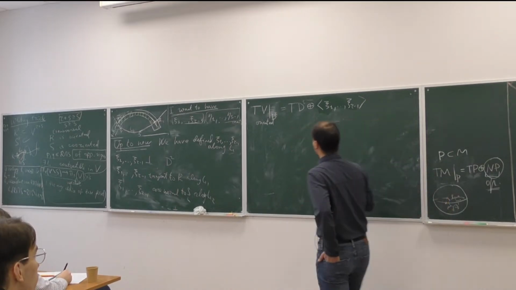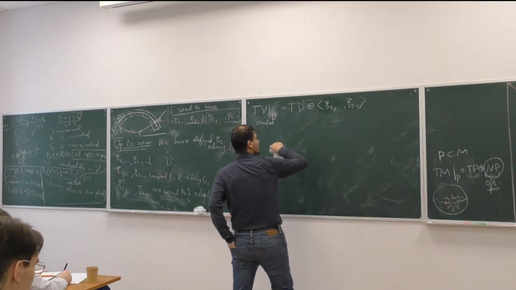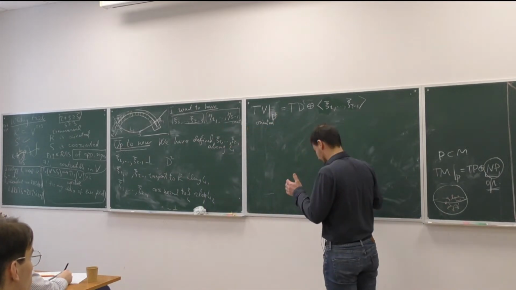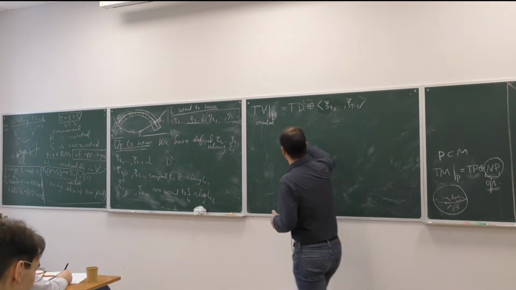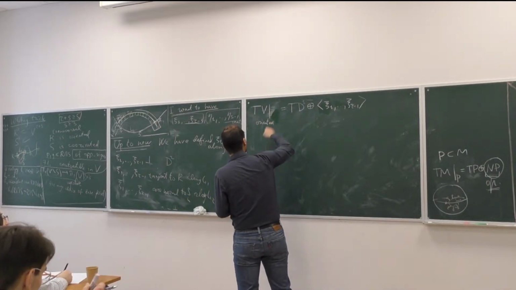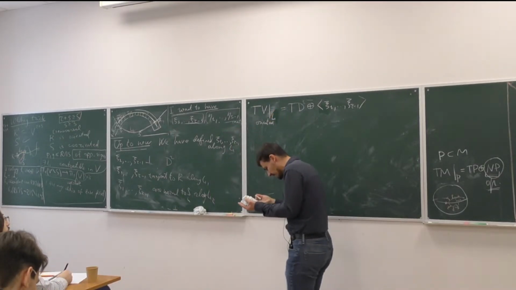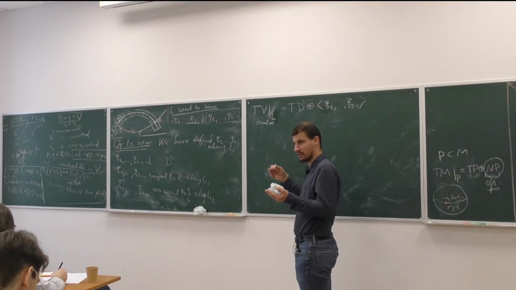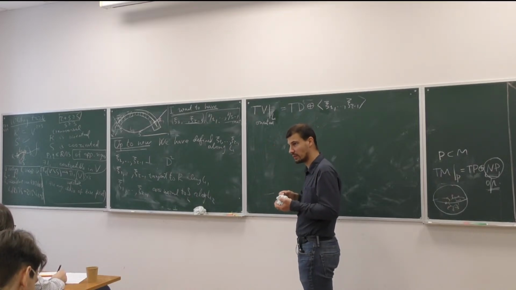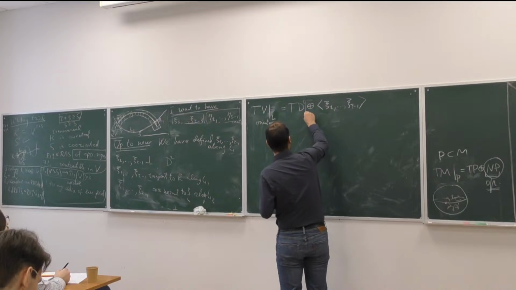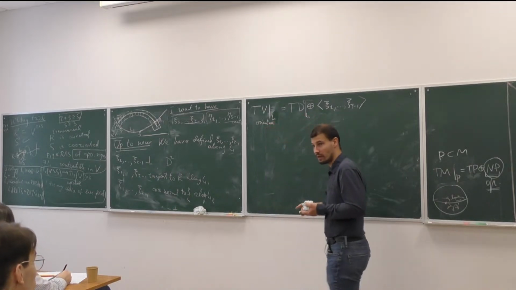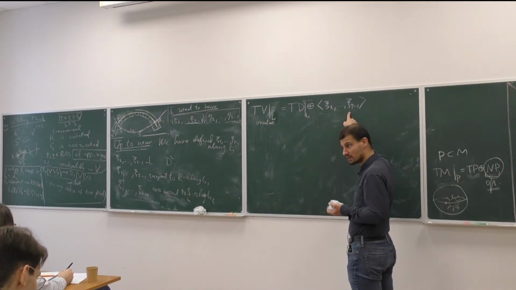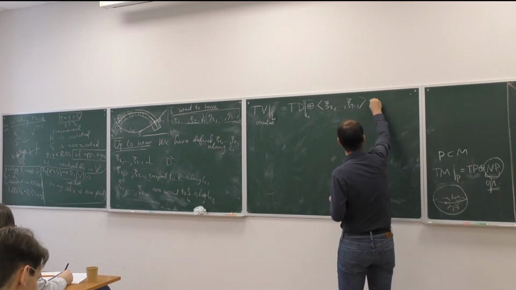I want to consider only the loop now, only the one-dimensional circle. So we have the tangent bundle of this loop. We have already constructed these C's, and we have some additional bundle.